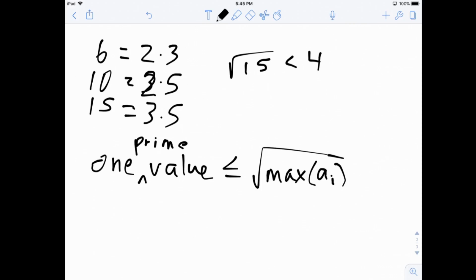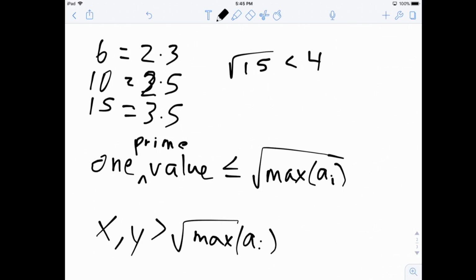Let's say you have x, y greater than the square root of max AI. Well, this means that x times y is greater than the max AI. X times y is greater than the max AI, and that's not possible because it has to equal the max AI.